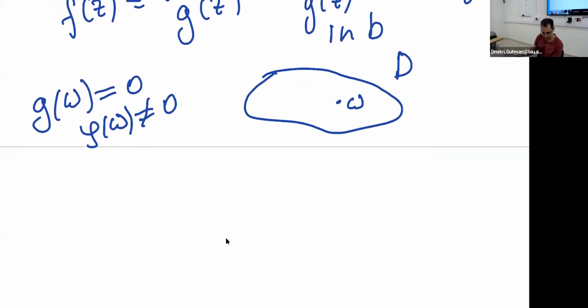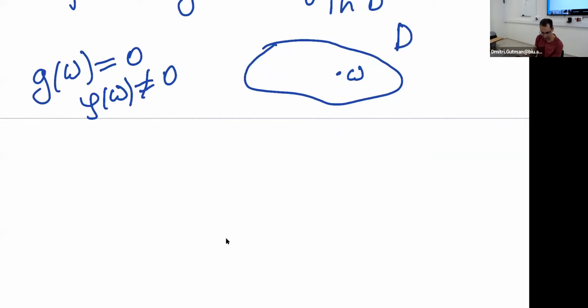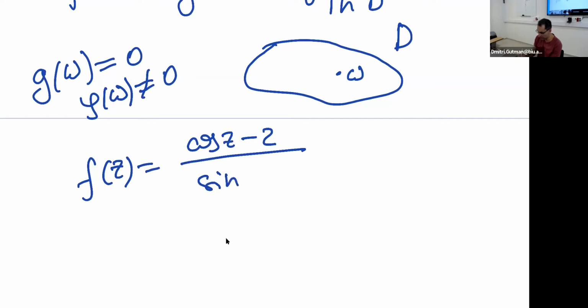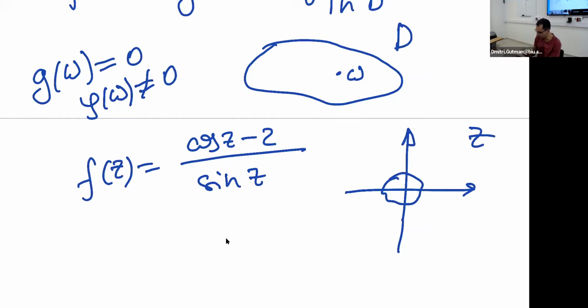Okay, so an example of this construction. Let's discuss the function f of z equal to (cosine z minus 2) divided by sine z, and our domain will be here. So this is a complex plane. That's the point of origin.